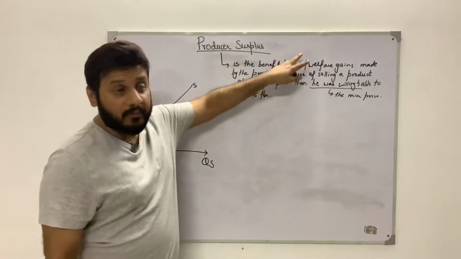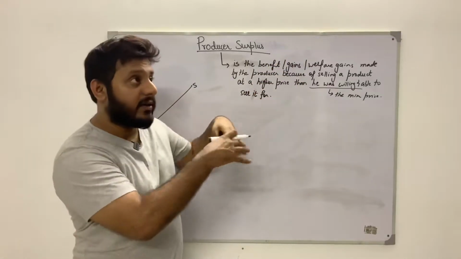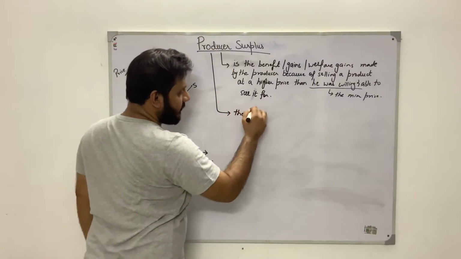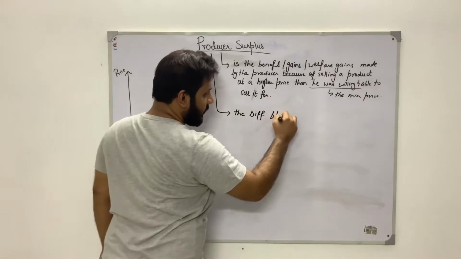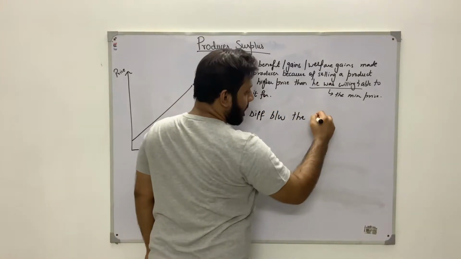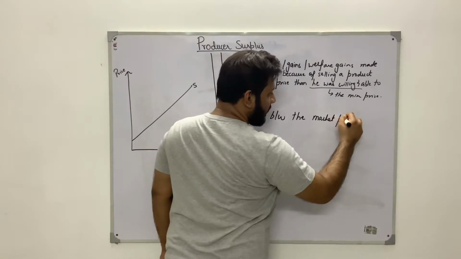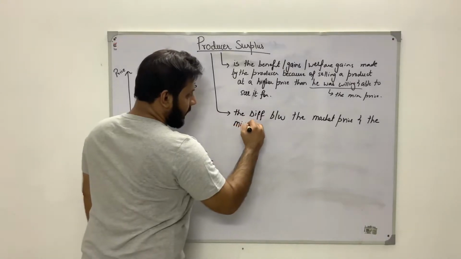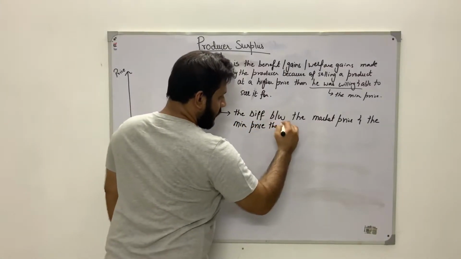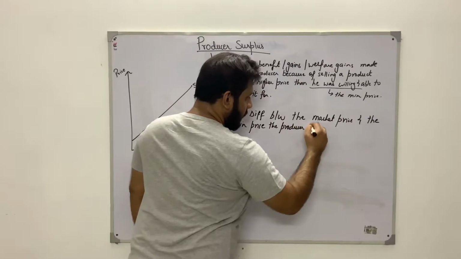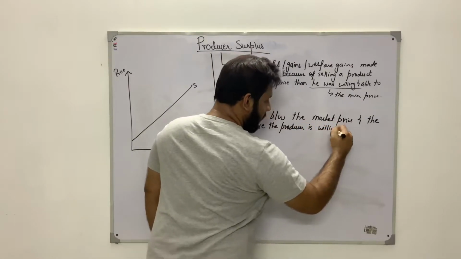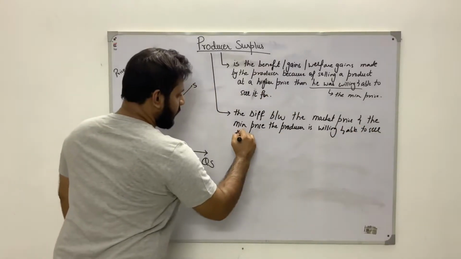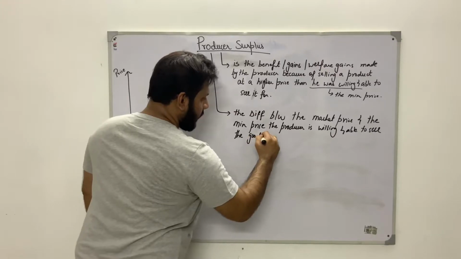Okay guys, so from this conclusion we can derive a definition of producer surplus. That is, producer surplus is the difference between the market price and the minimum price the producer is willing and able to sell the goods for, to sell the product for.